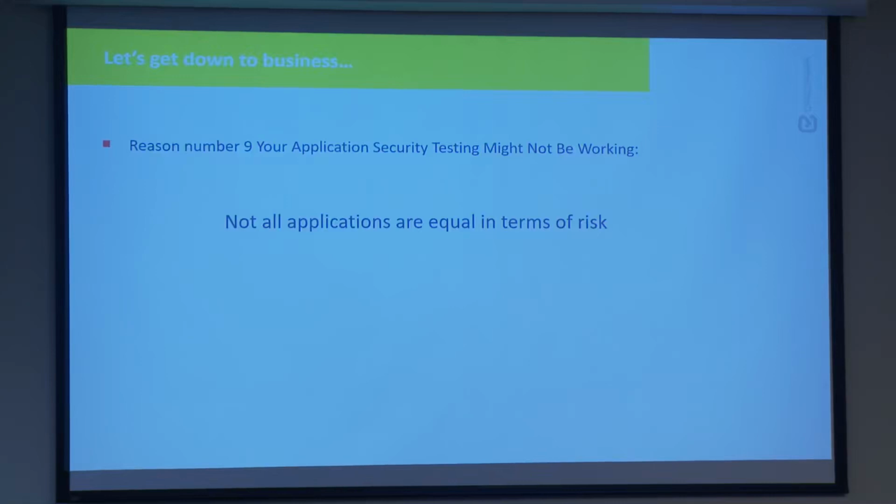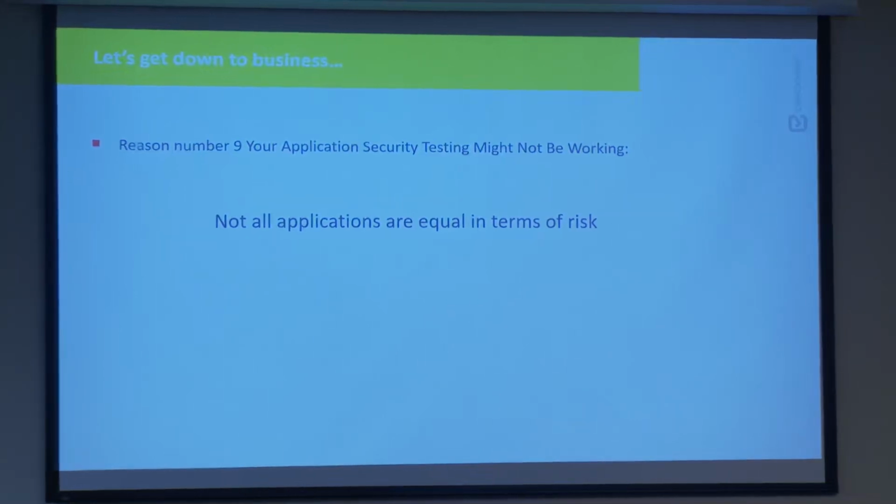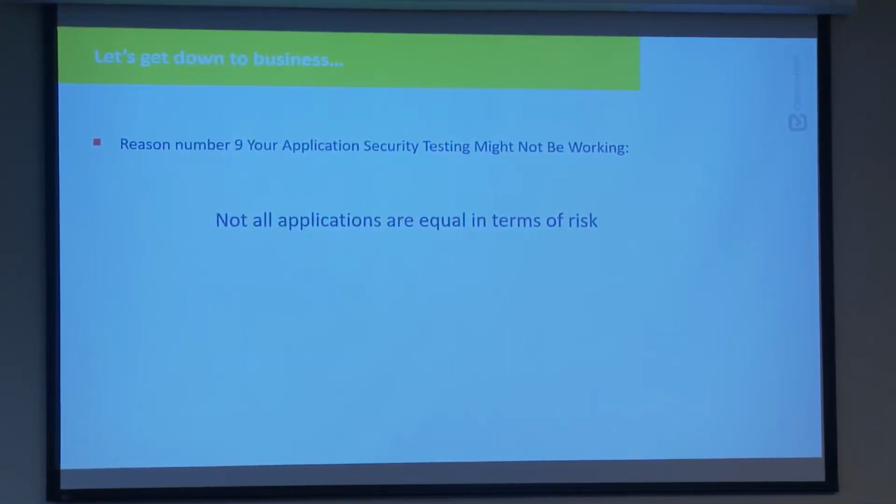Not all applications are equally important in terms of your business. Right? They're not as critical. You might have some accounting application that's externally facing that your channel partners use to submit orders. And you might have an application that takes food orders for the cafeteria, right? They're not equally critical to the business.